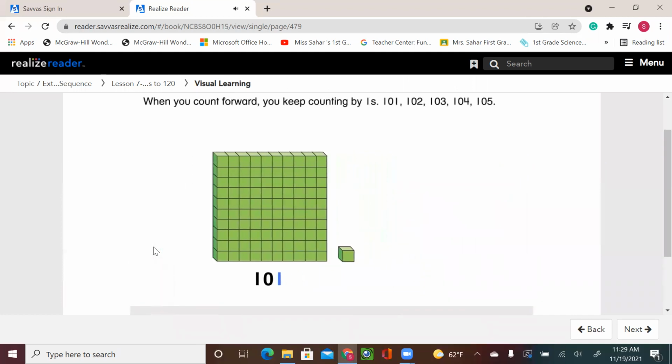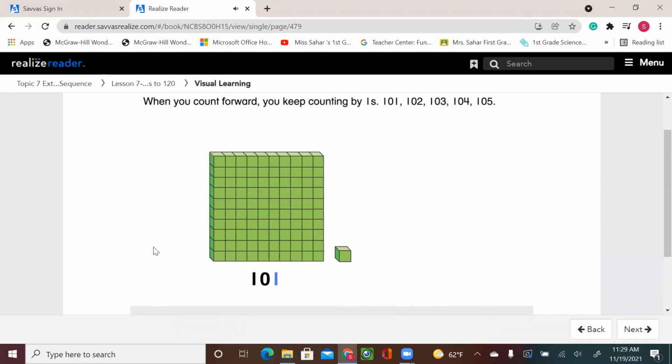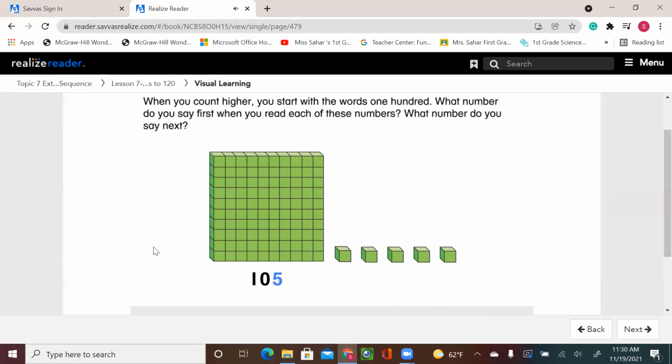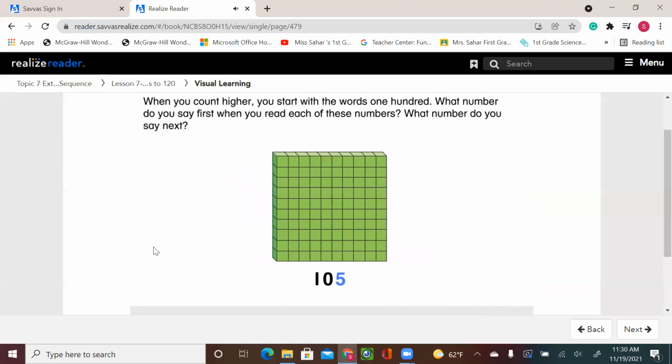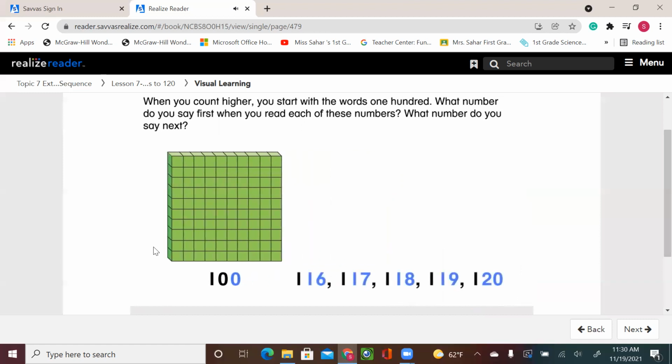When you count forward, you keep counting by ones. 101, 102, 103, 104, 105. When you count higher, you start with the word 100. What number do you say first when you read each of these numbers?